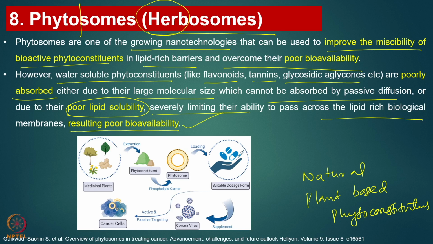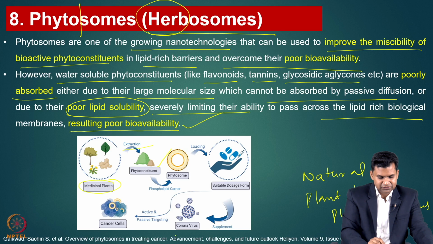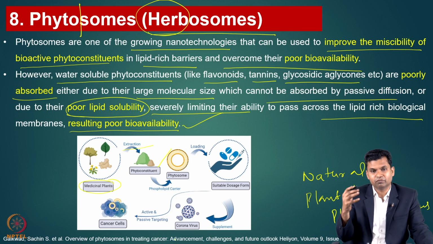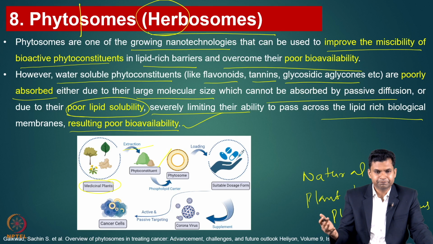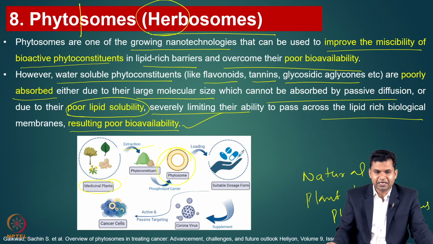Now, you can see here, this is a picture representation. With the medicinal plant, you can extract your active constituents, that is phytoconstituents, which may be water soluble or water insoluble. To get the formulation, you need to convert this into the carriers, which are phospholipid carriers.